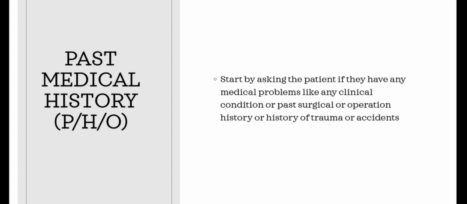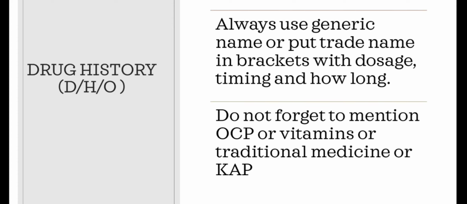If there is a history of trauma and accident, you have to mention time, place, and what type of accident too. Next one is drug history. It is mentioned as D/H/O, or simply D/H, or some physicians may mention it as H/O/D, like that. Always use the generic name, or put the trade name in brackets, with dosage, timing, and how long.